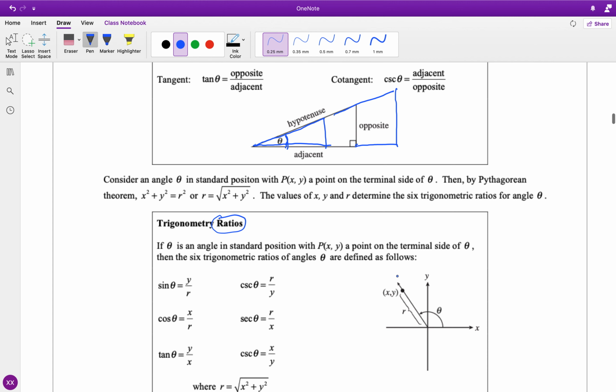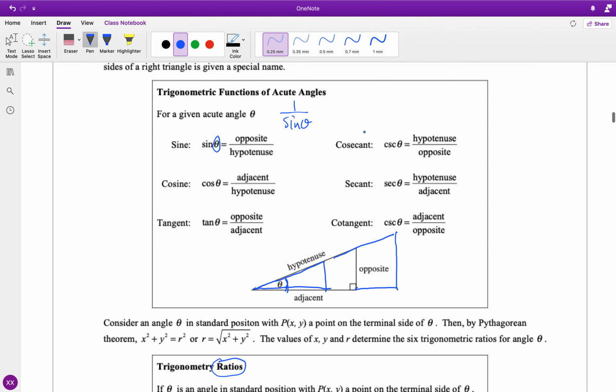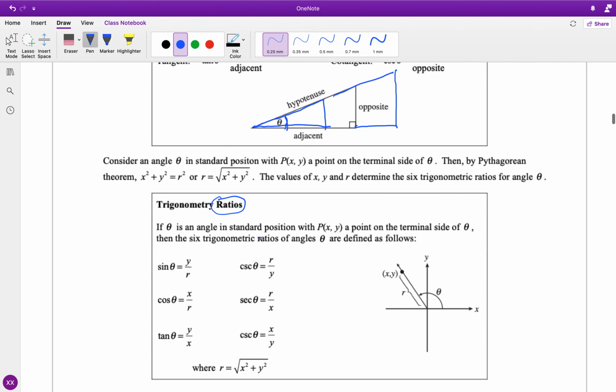Therefore, this angle definitely can be larger than 90 degrees, which is not an acute angle anymore. So the acute angle is definitely smaller than 90 degrees. So in this case, now this ratio would have either a positive value or a negative value. It depends on which region the terminal arm landed.